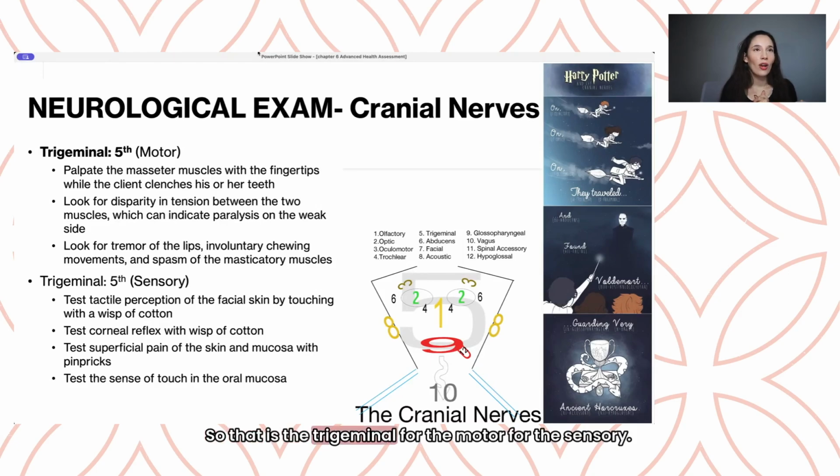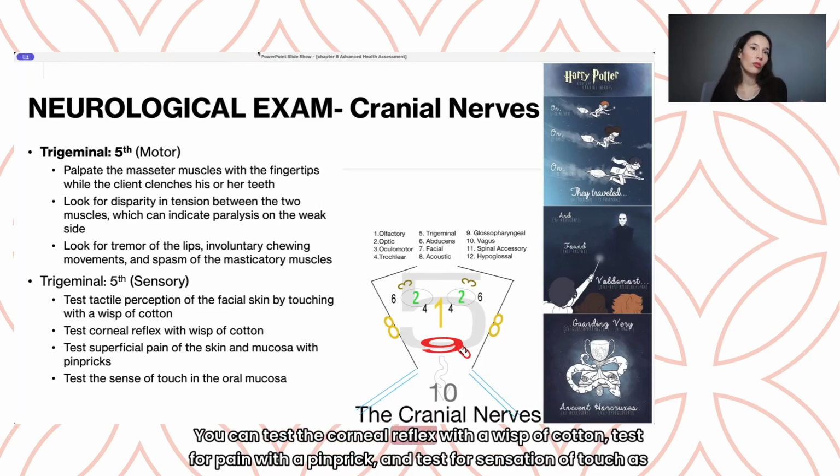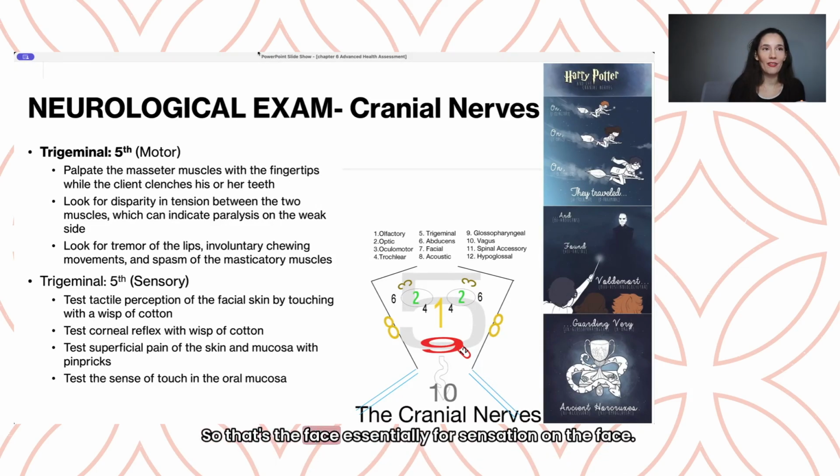So that is the trigeminal for the motor. For the sensory, you can check the tactile perception of the facial skin by touching with a wisp of cotton. You can test the corneal reflex with a wisp of cotton, test for pain with a pinprick, and test for sensation of touch as well. So it's essentially sensation on the face.